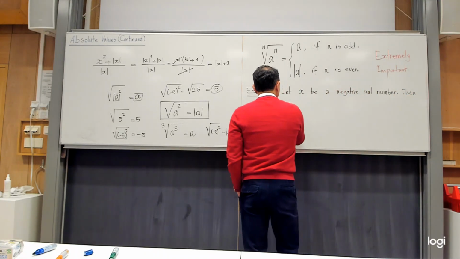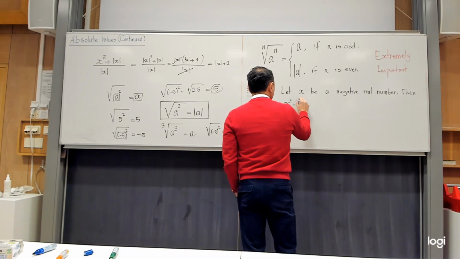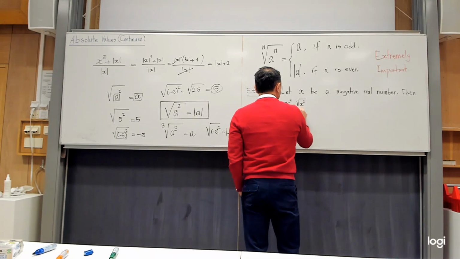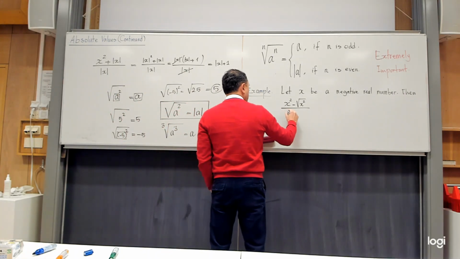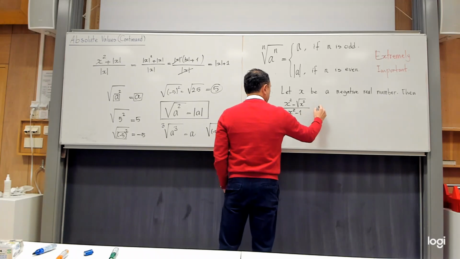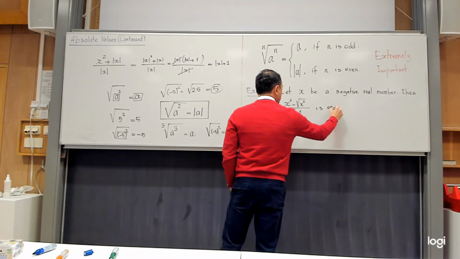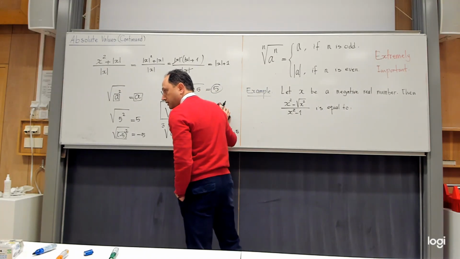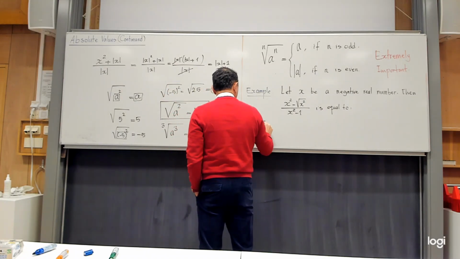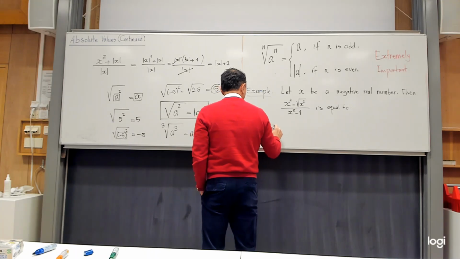Then x squared minus the square root of x squared, divided by x squared minus 1, is equal to... So I want to give you 4 options, and exactly one of them should be true. Number 1, x divided by x plus 1.